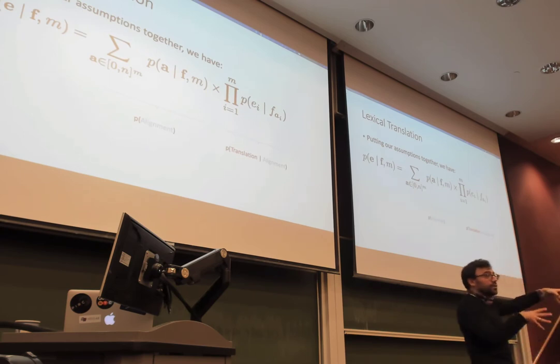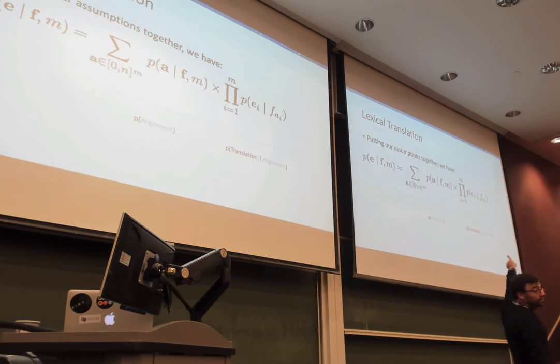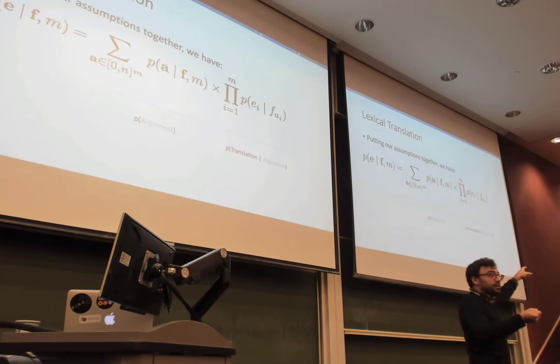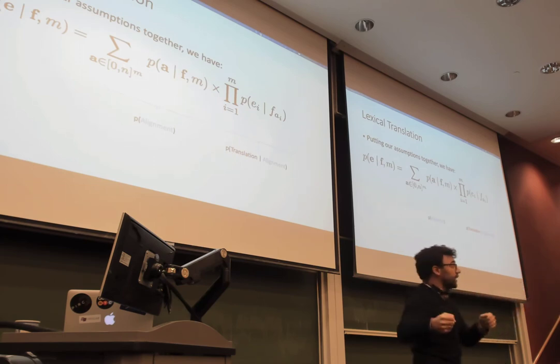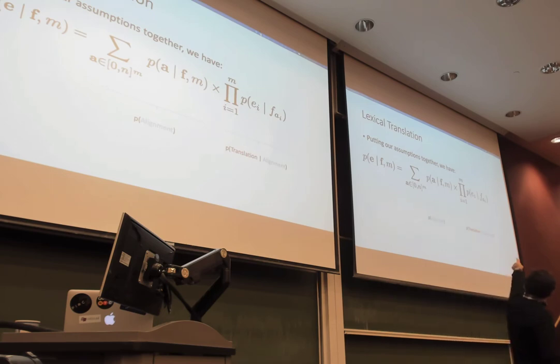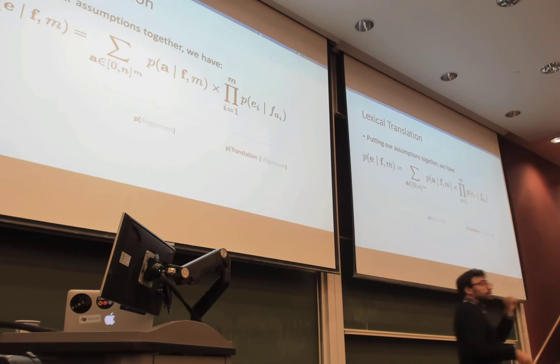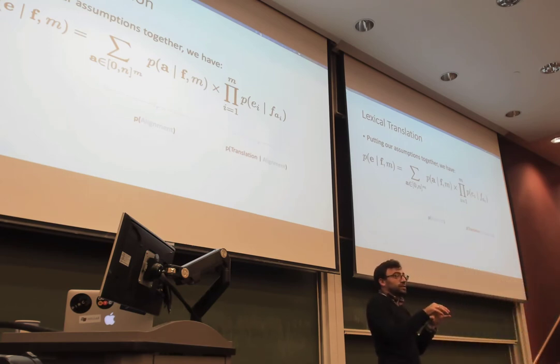Now the generative story goes again from left to right. Given the French, we generate the alignments, and now given the French and the alignments, we generate each of the English words one by one, so that each English word, e_i, at each position, is generated given the French word that it was aligned to. Is that somewhat clear? Or are there any questions at this point?